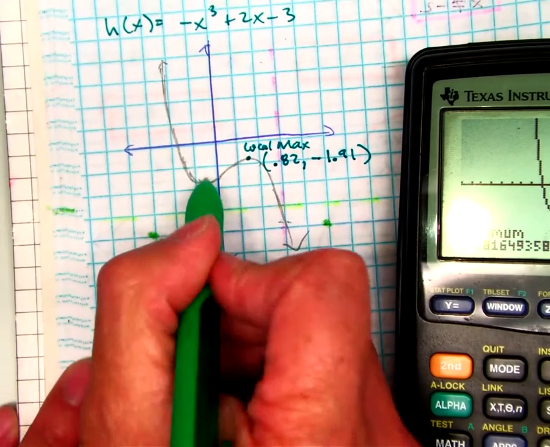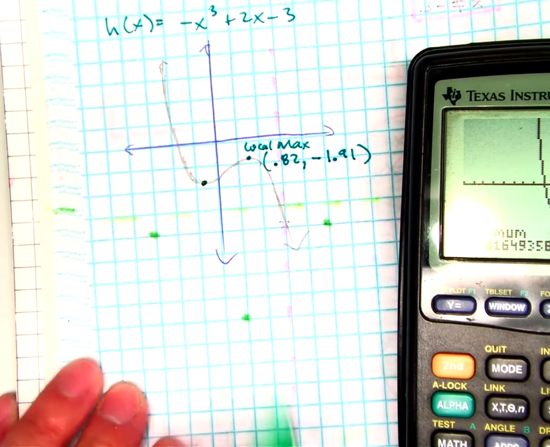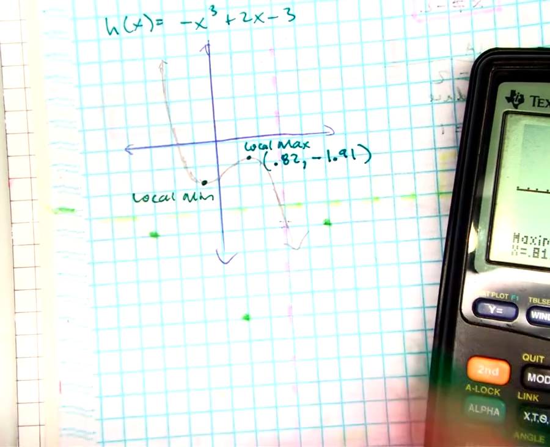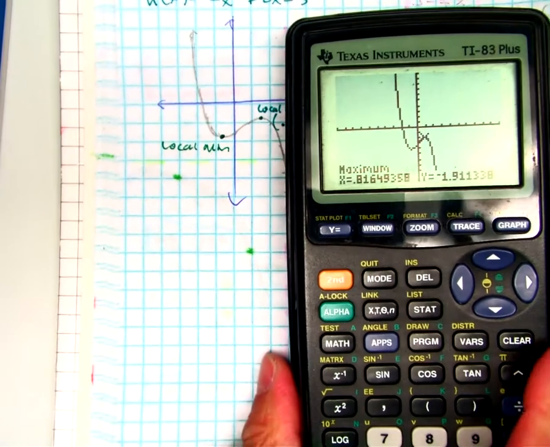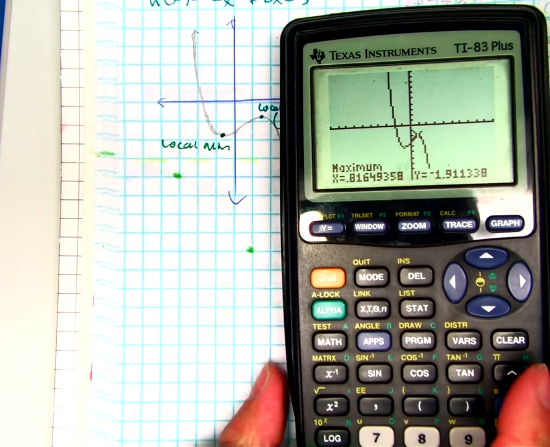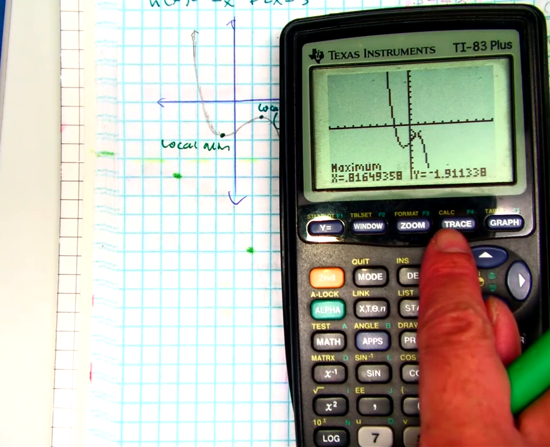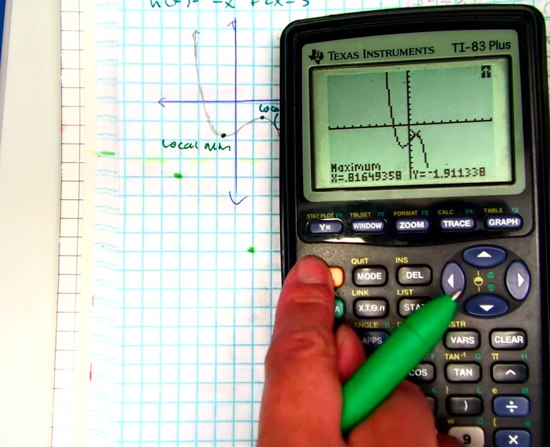Alright, what would you guys call this one then? Local minimum. Alright, you tell me the calculator commands. What did we just press before? Right. Second trace.